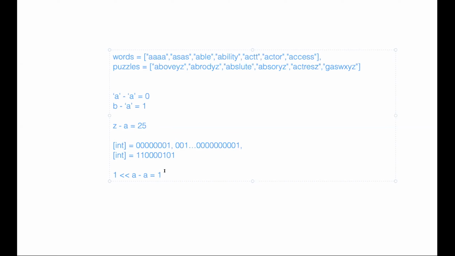Some number greater than 0. Yes, we have to do AND. When we do AND, it will give some number greater than 0. So if the number is greater than 0, then that means this A is present in this word. When we do the AND, it will be the exact same value as the word, right? Same value. Okay, so that is present, and then we can continue to repeat.